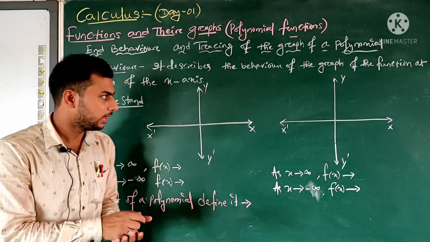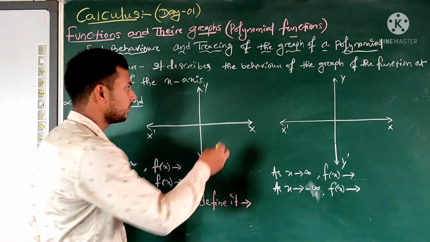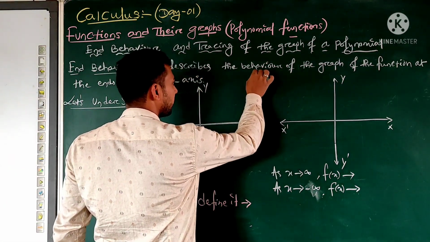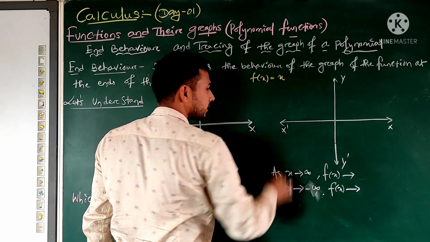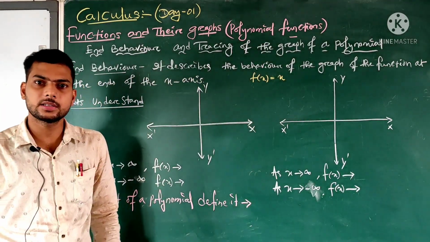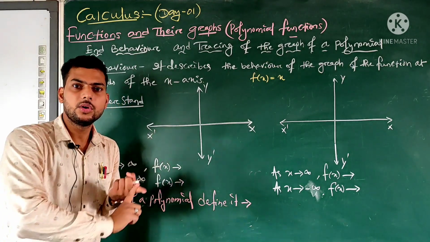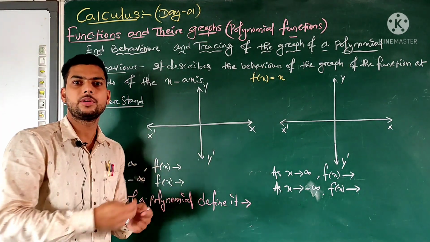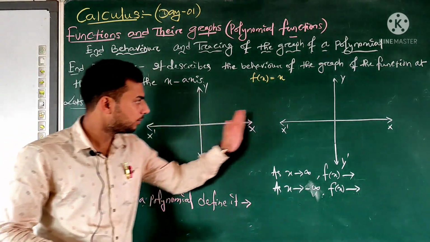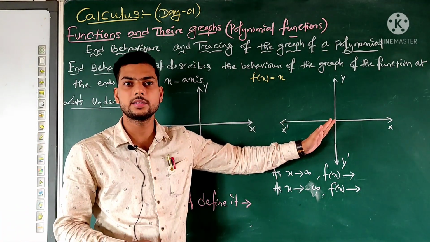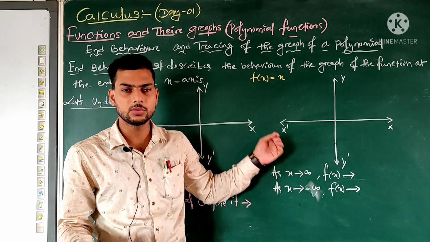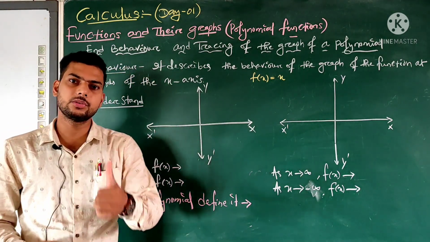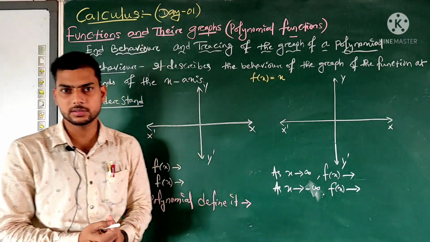Let us consider a small example. If I have a polynomial f of x, it describes what happens if the x value goes towards infinity or negative infinity, that is, to the ends of the x-axis. The x-axis has no end, so we consider the end value as infinity for x on this side, and negative infinity for x on that side.